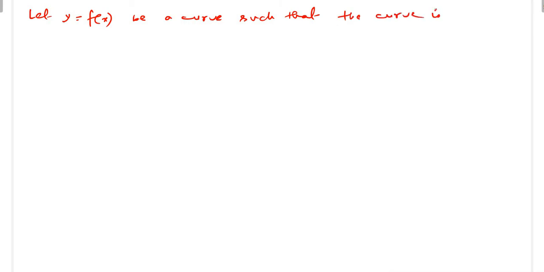First thing, let y equal to f(x) be a curve such that the curve is on both sides of the x-axis.